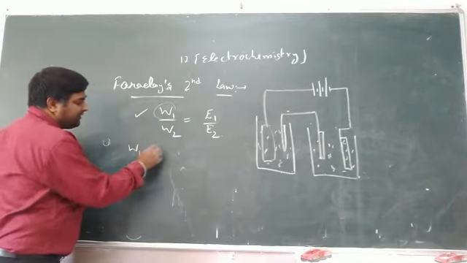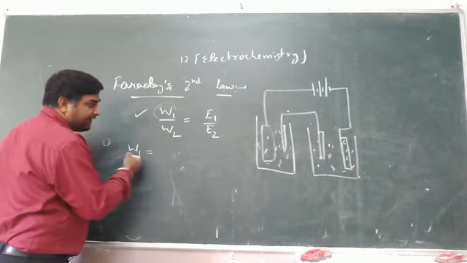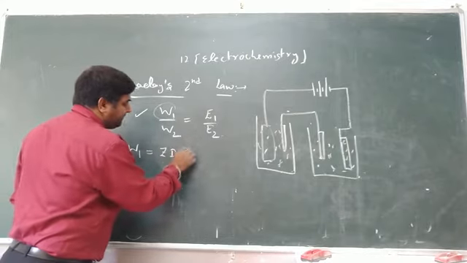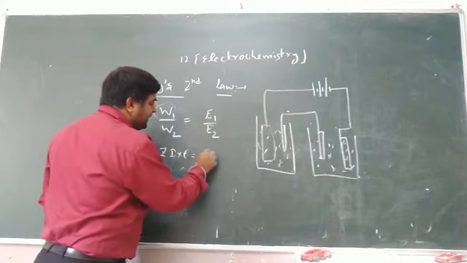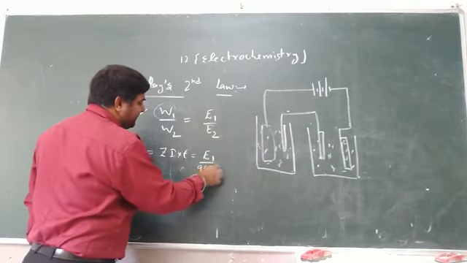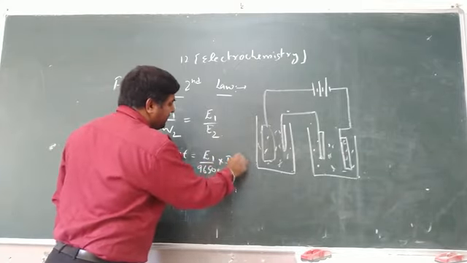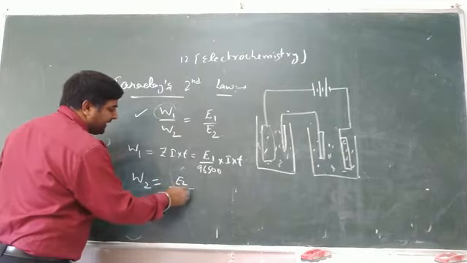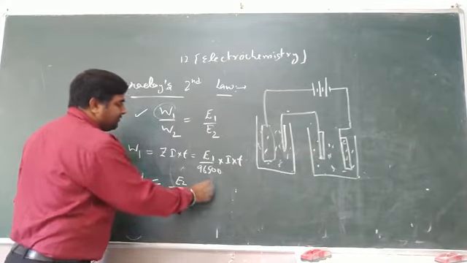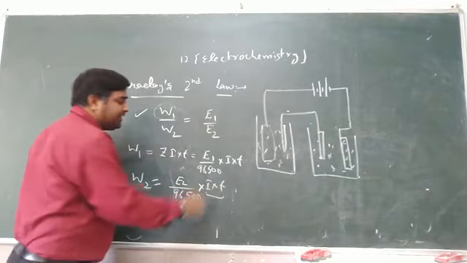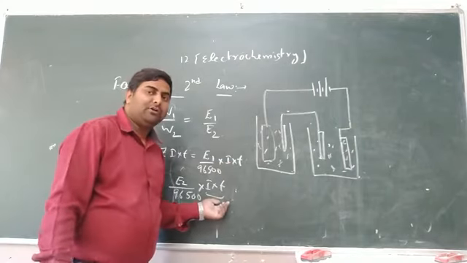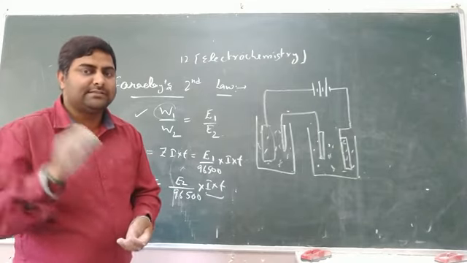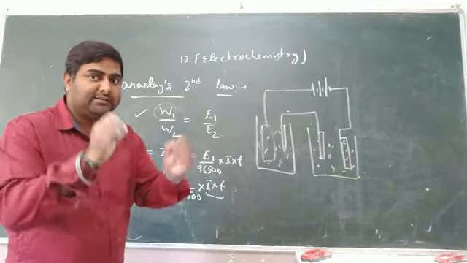We know W1 is equal to, from Faraday's first law, Z into I into T, or it can be written as E1 upon 96500 into I into T. Similarly, W2 is equal to E2 upon 96500 into I into T. Here I into T remains the same because the same amount of current is passed through two electrolytes for the same interval of time connected in series.